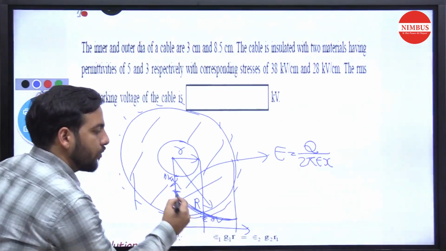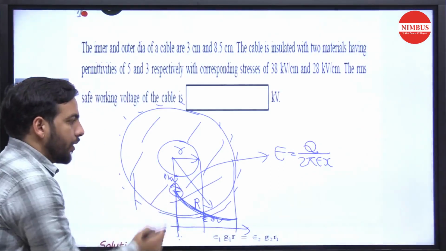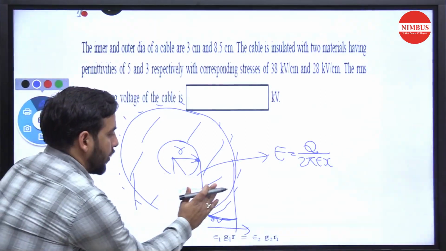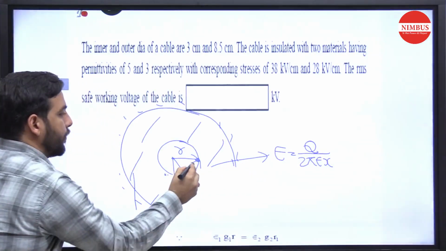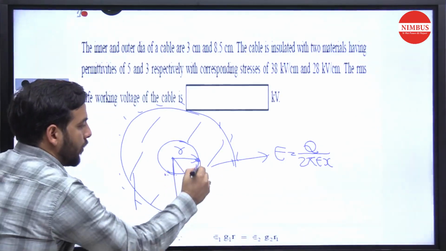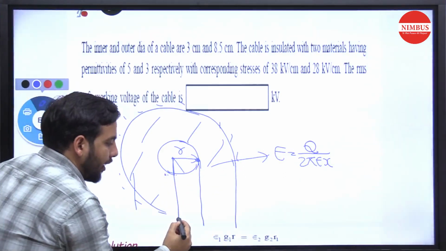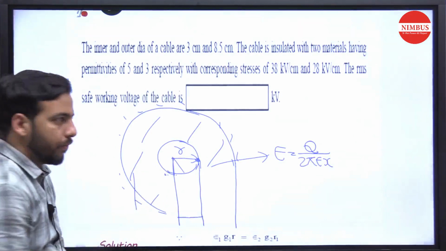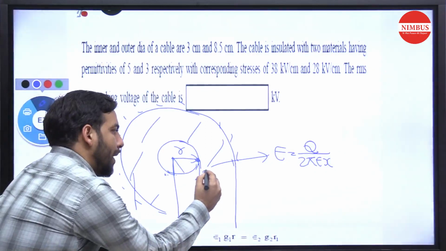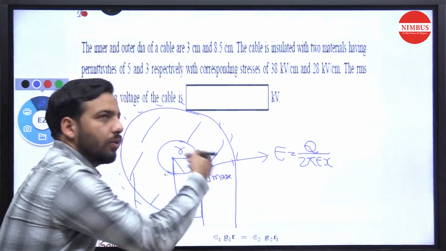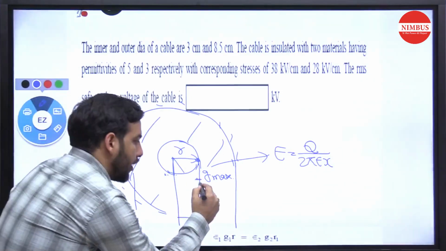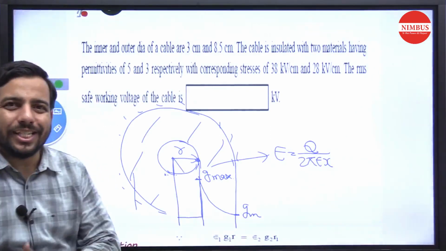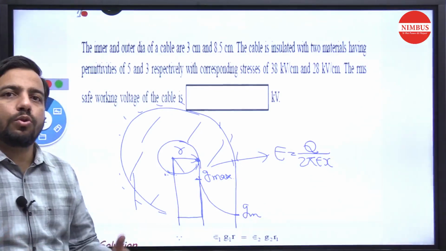The maximum stress will occur at the surface, and on the internal side the stress will be 0 because the charge will be 0. At the surface the stress will be maximum, that is G max. E is also denoted by the potential gradient, and this is the stress diagram, this is the G minimum. So the potential difference or stress distribution is also non-uniform.